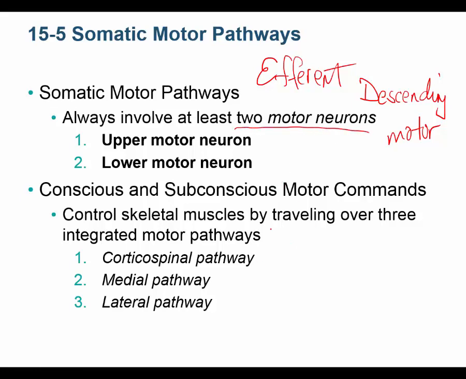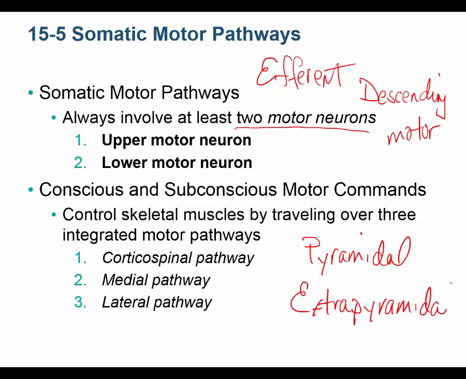All right. Now we have two major pathways. We have a pyramidal pathway and we have an extrapyramidal pathway, and you'll see that in another slide here shortly. The pyramidal pathways, the cortical spinal pathways, are voluntary pathways.